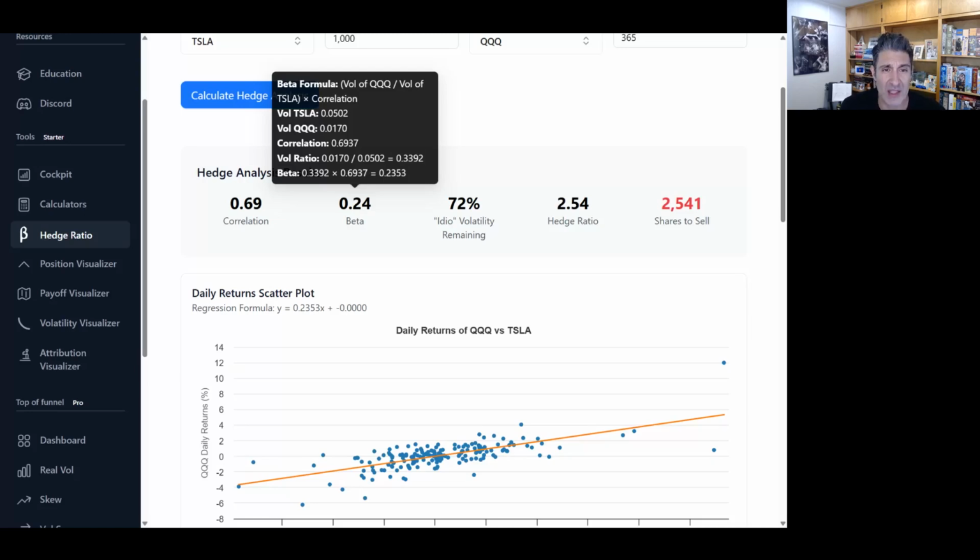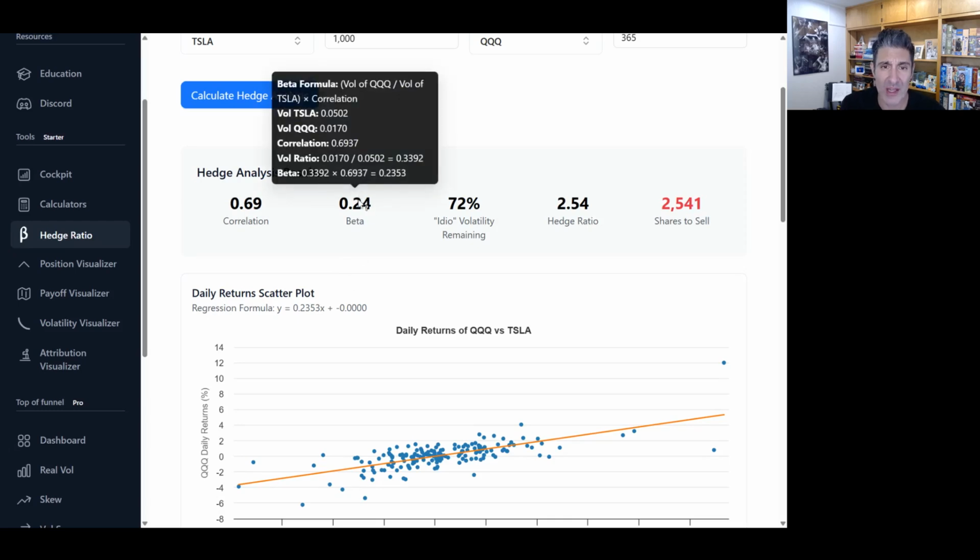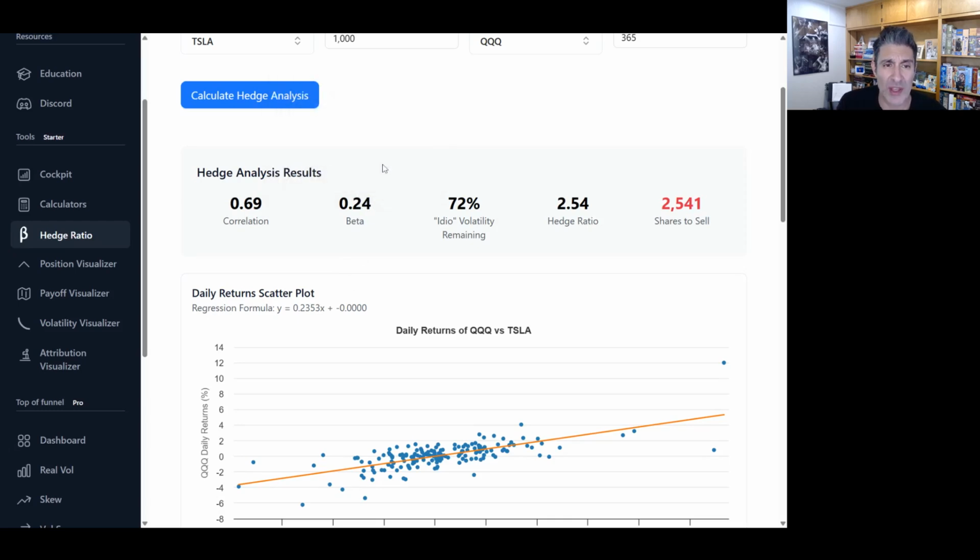So if you take that volatility ratio, which is QQQ vol over Tesla vol, times the correlation, that's how you end up with a beta. And that beta is 0.234 or 0.235, or 0.24, which you'll notice is exactly the same as the slope of the regression line.